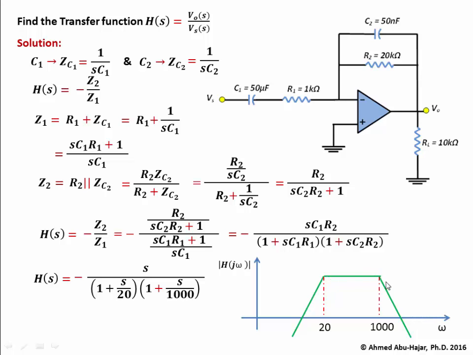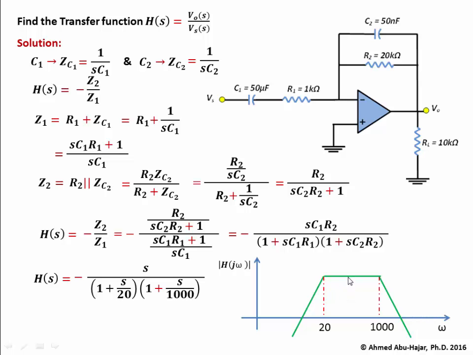So the gain at 20 radian per second and at 1000 radian per second is going to be roughly 70% of the mid frequency gain. We use the mid frequency gain here because that is the highest gain, since this is a bandpass filter.